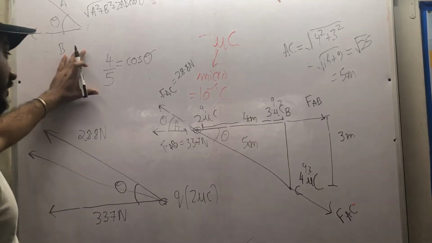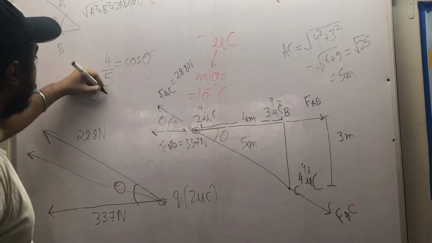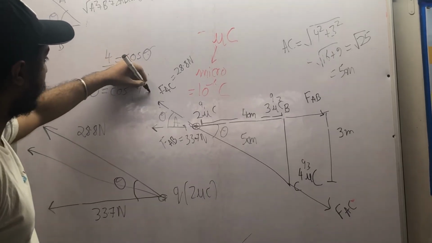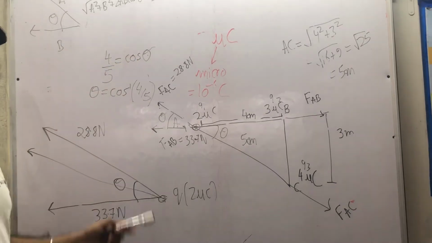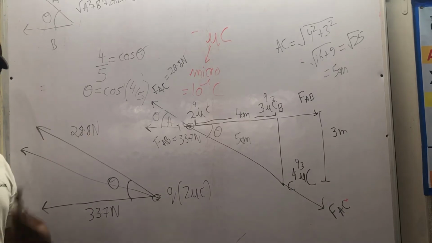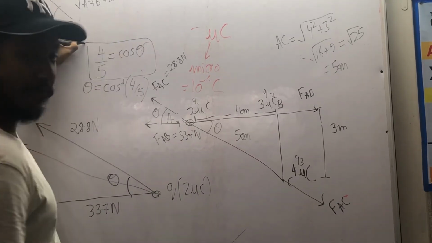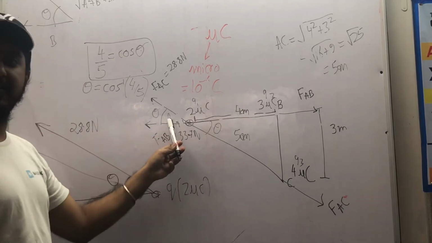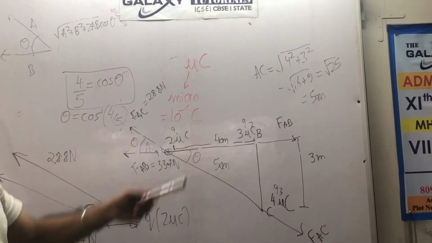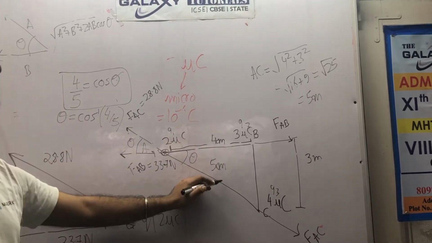So there are two things you can do here now. Either you can find out theta. Theta will be cos inverse 4 by 5, and then you can look at trigonometric tables and find out the value of theta. Or you already know the value of cos theta. Cos theta is what? 4 by 5. This theta and this theta is same, yes. And you have to use cos theta here in this formula. So what is the value of cos theta? You already know. 4 by 5. You found out from this triangle.